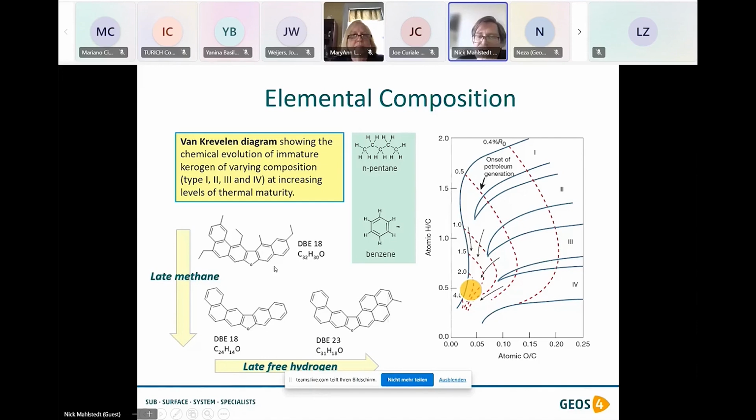Not by normal cracking, but for late methane, we have a final demethylation of pretty aromatic organic matter, and with further ring growth and additional condensation of the aromatic nucleus to higher aromatic nucleus, or to bigger structures, we see the release of free hydrogen.